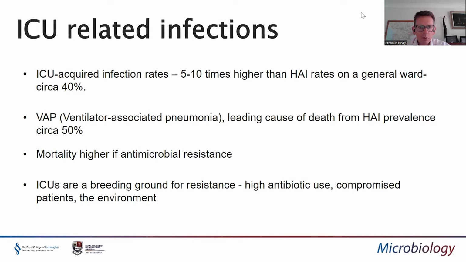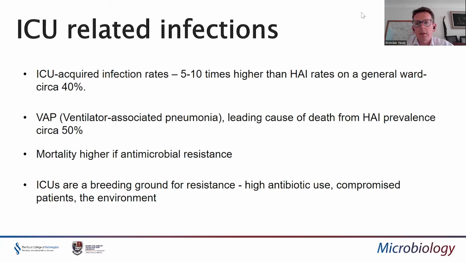So in relation to ICU related infections, they're 5 to 10 times higher than hospital associated infection rates on a general ward, and they occur at a rate around 40%. So it's a real issue for the ICU managing critically ill patients.